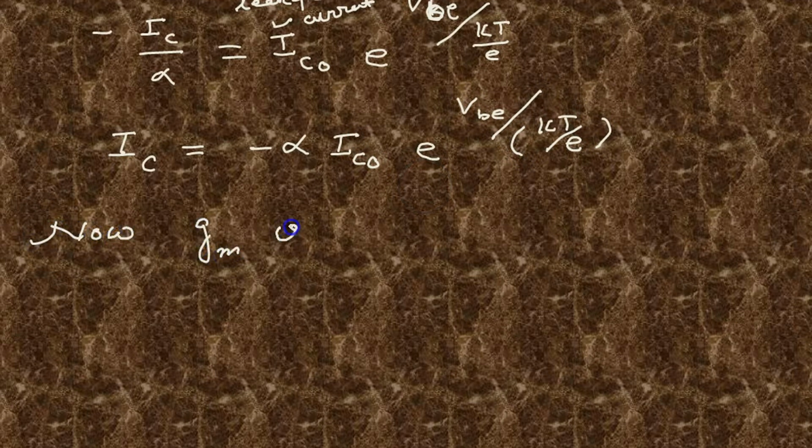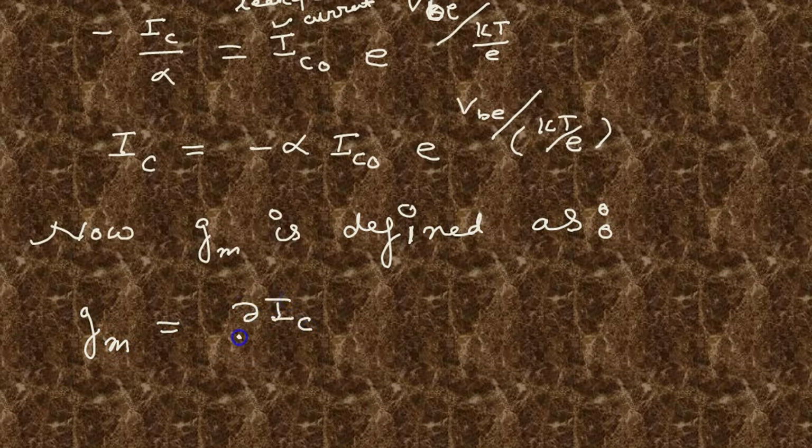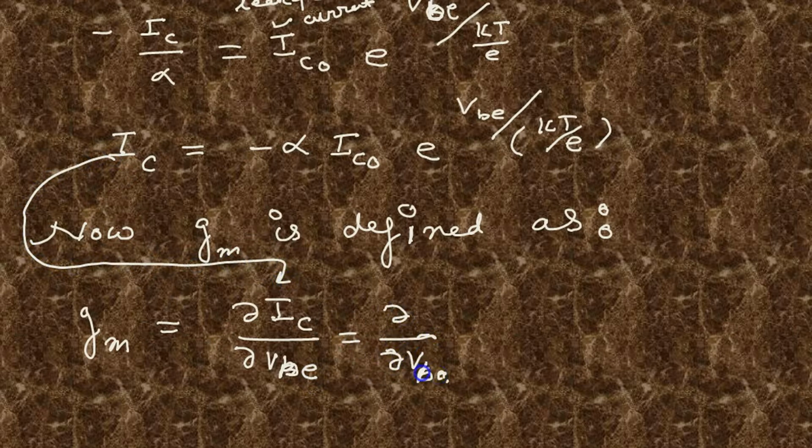Now, in order to find GM, which is defined as the transfer conductance, del IC over del VBE, we are differentiating it with respect to VBE. Okay, so let's do the differentiation with respect to VBE.